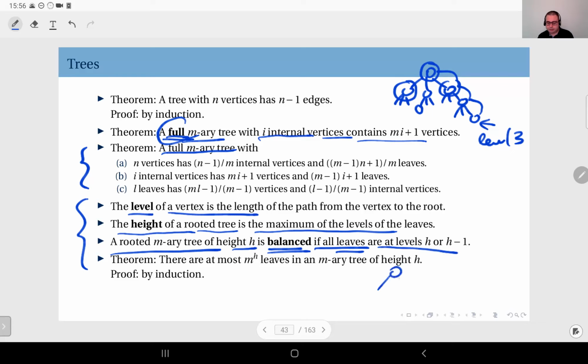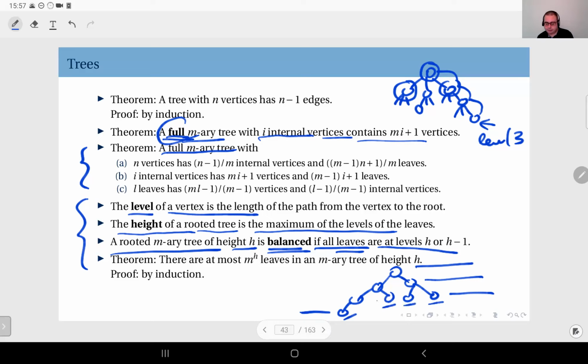Okay, so you have, let's say, a binary tree. Okay, this is a binary tree where you have level 0 here, level 1 here, level 2 here, and level 3 with this leaf. So you have 1, 2, 3, 4 leaves in this binary tree.